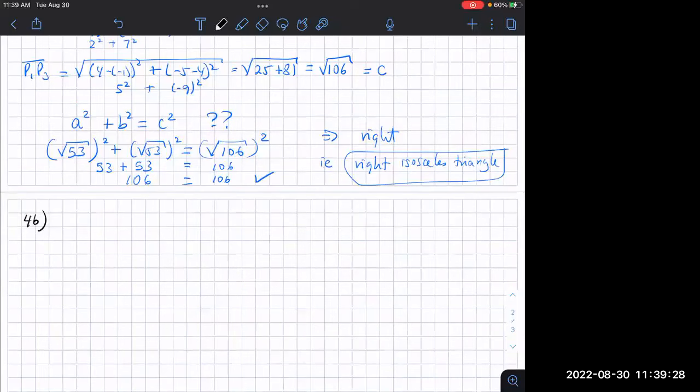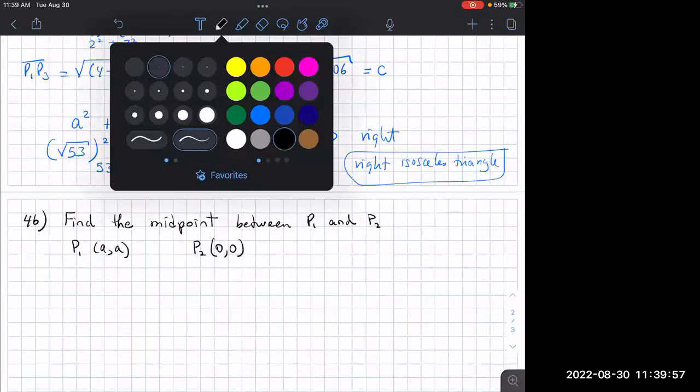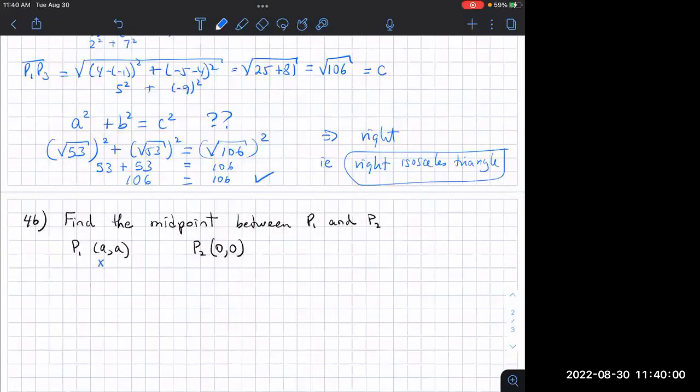Find the midpoint between P sub 1 and P sub 2, where P sub 1 for 46 is (a, a), and P sub 2 is (0, 0).